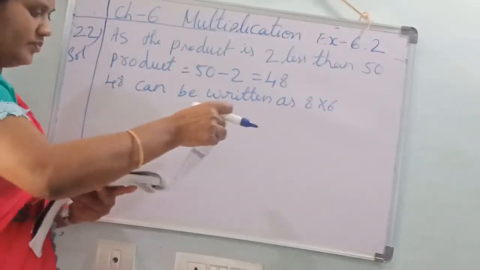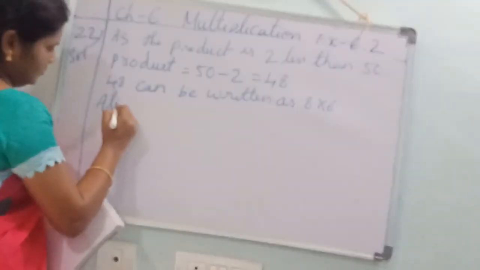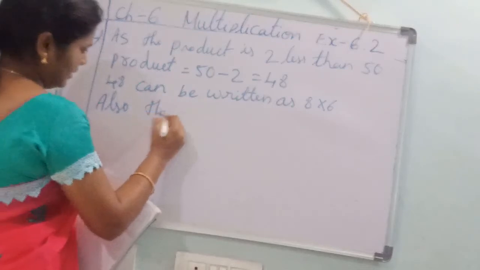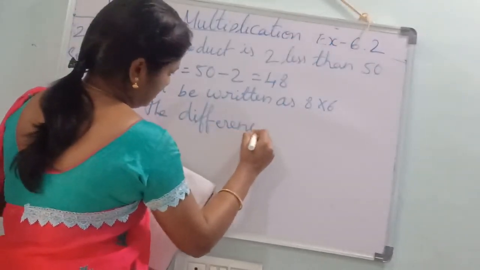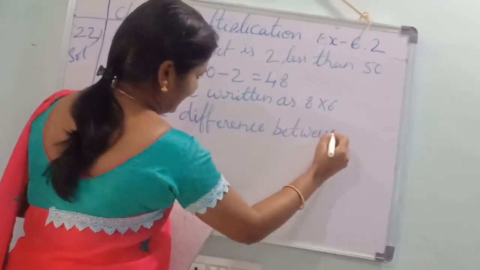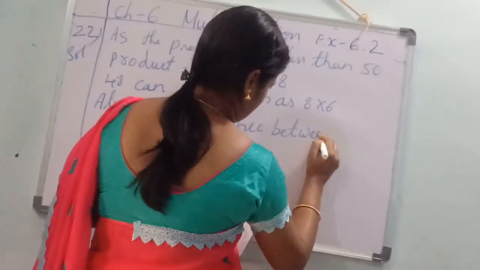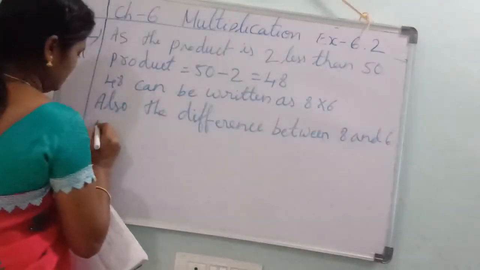Yes or no? 8 6s are 48. Also, the difference between 8 and 6 is 2.